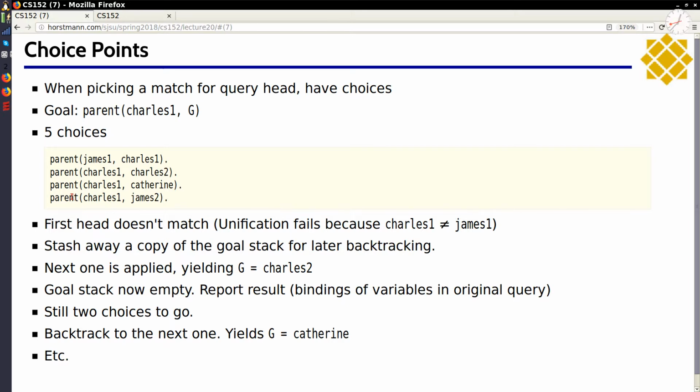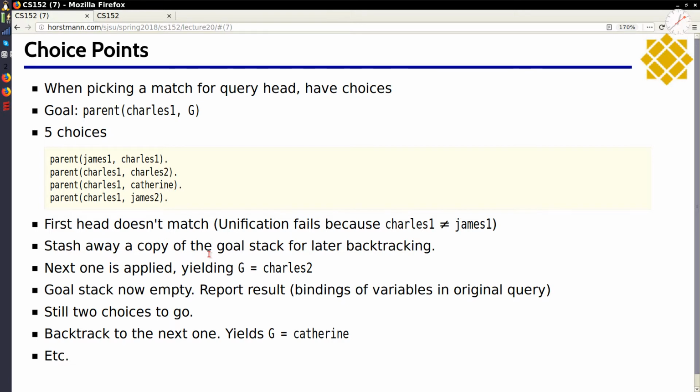Or you can think of it as saying, I'm just going to make a copy of the stack, and later I backtrack and try the second choice and so on. People tend to think about the backtracking way. So now we're stashing away a copy of the goal stack. Because we had a successful unification here, we push the new goal on the copy of the goal stack, or the original, I don't care.